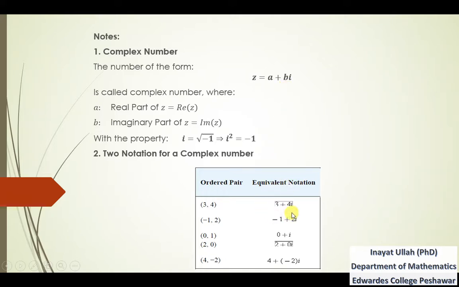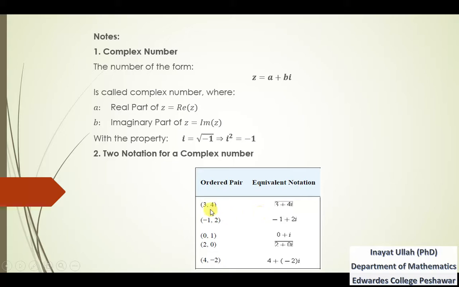For example, 3 plus 4 iota is in iota notation. We can write this complex number in ordered pair notation as 3 comma 4, real part comma imaginary part. The imaginary part will be written here without iota.